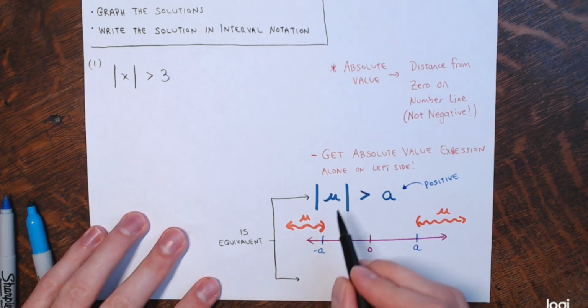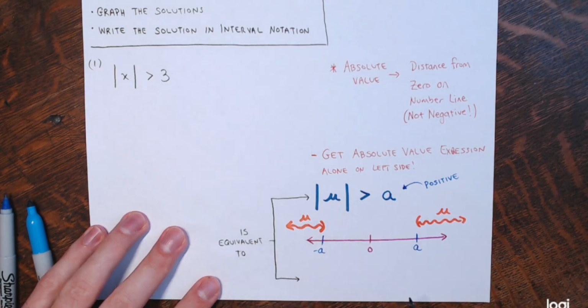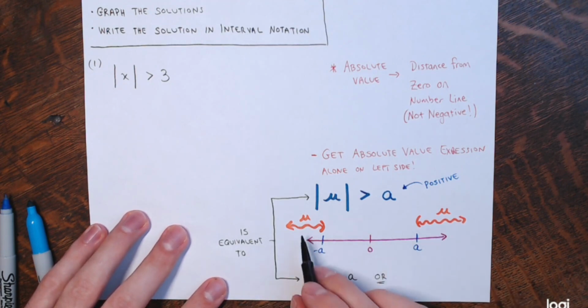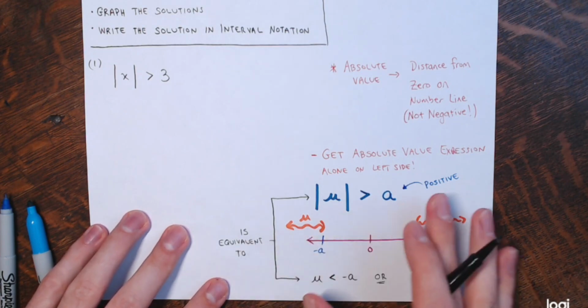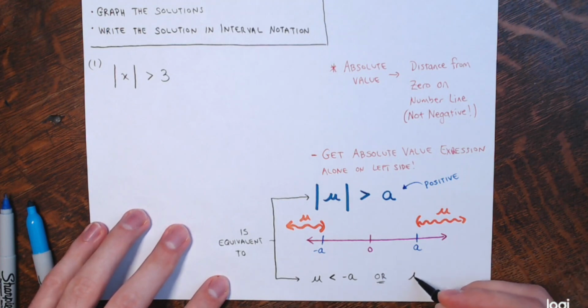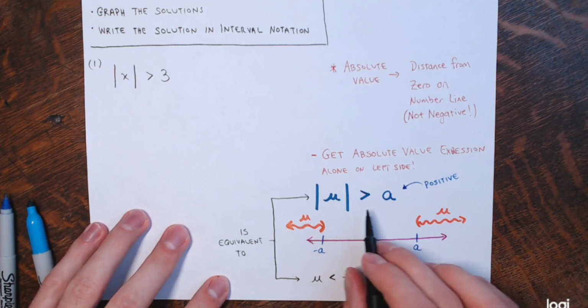This statement is equivalent to saying that the number U is less than negative A, to the left of negative A, or, because there's separation here, one or the other. It could be these numbers or these numbers, but it can't be both, so it's not and, it's got to be or. Or U could be a number greater than A. And either way, U is some number with an absolute value more than A.